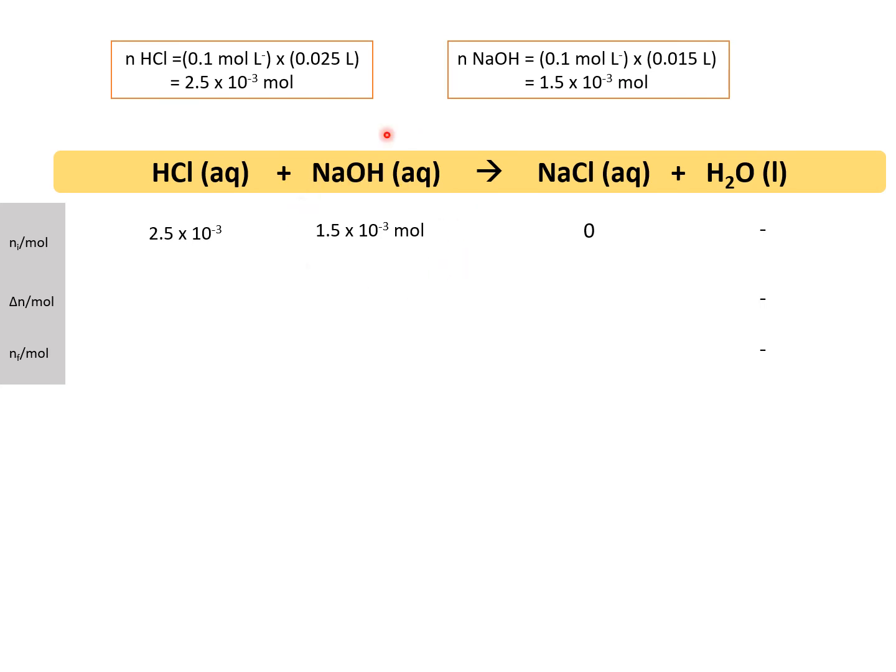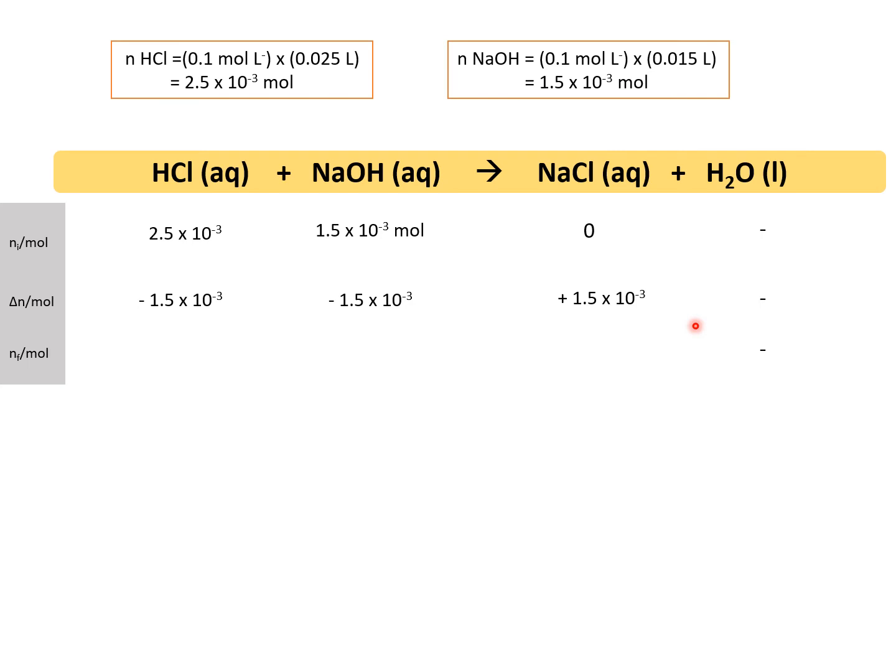So, maksudnya sodium hydroxide yang akan habis dulu. Okay, jadi kita punya change untuk kedua-dua ini adalah minus 1.5 times 10 to the power of negative 3 mole for HCl and also for sodium hydroxide. And since dia stoichiometry dia 1 to 1 to 1, so the number of mole of NaCl produced right now is 1.5 times 10 to the power of negative 3.